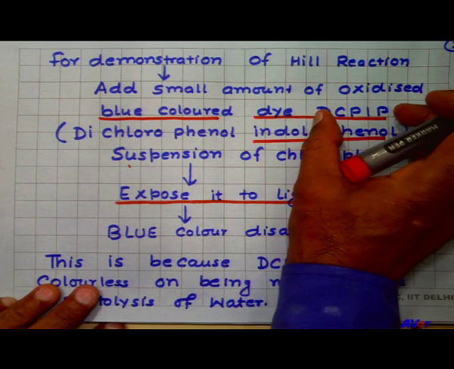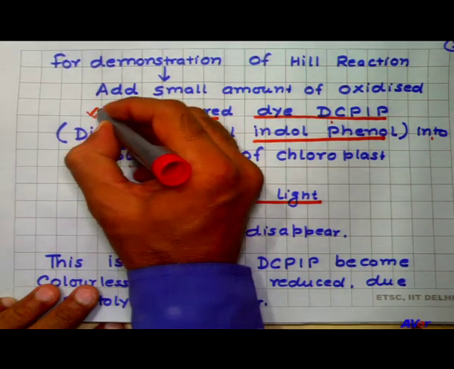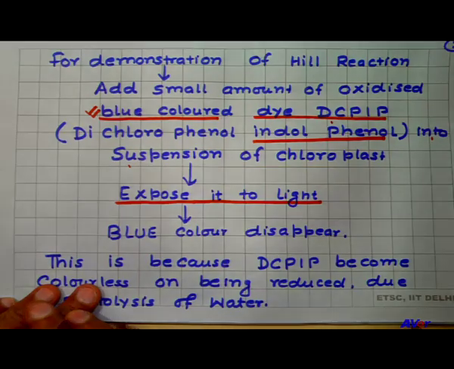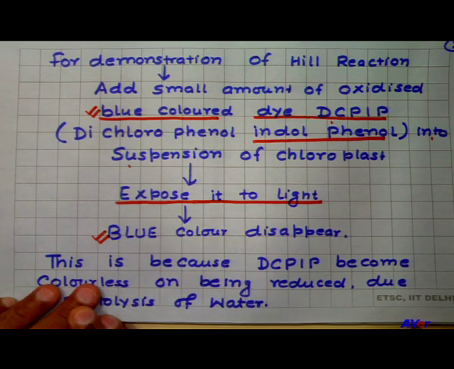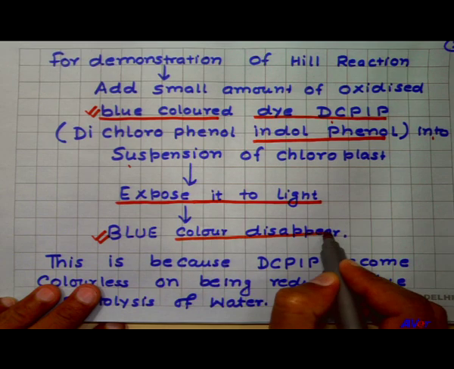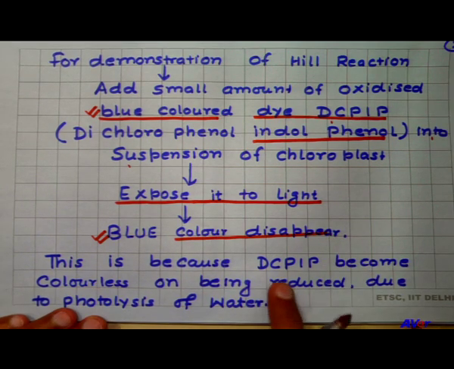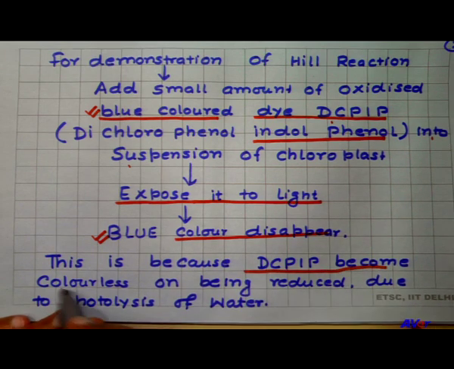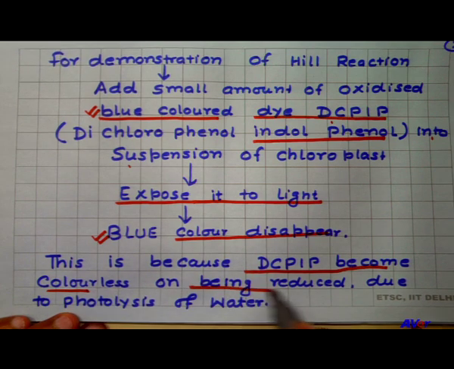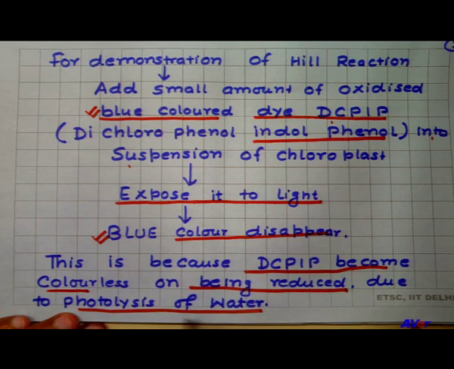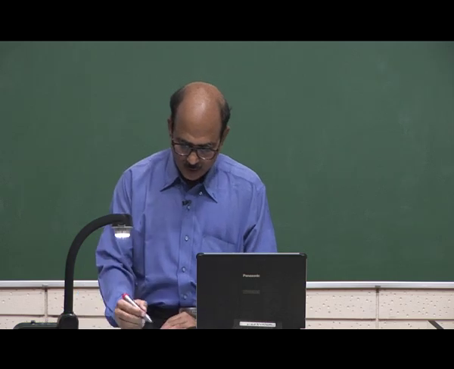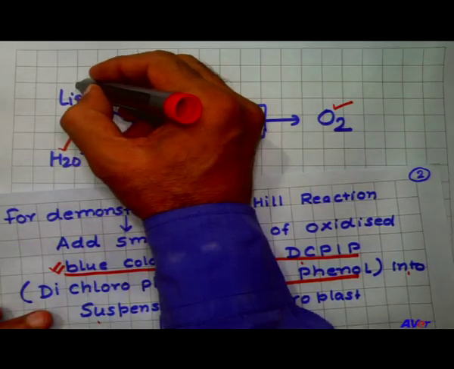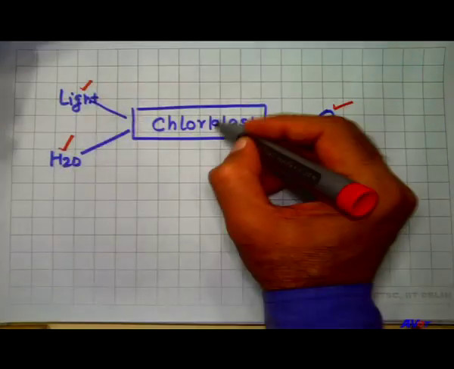This DCPIP, as we have already told, gives blue color. After exposing to light, this blue color disappears. This is because DCPIP becomes colorless, being reduced due to the photolysis of water, because in the Hill experiment he used only water, light and the chloroplast.